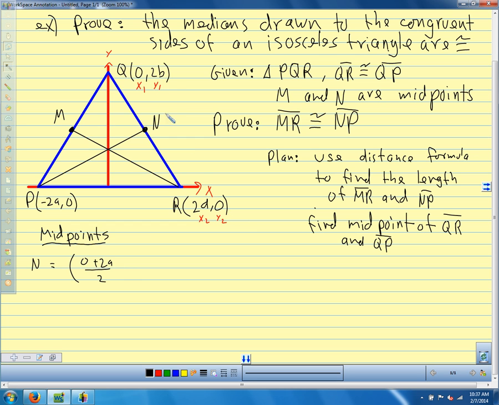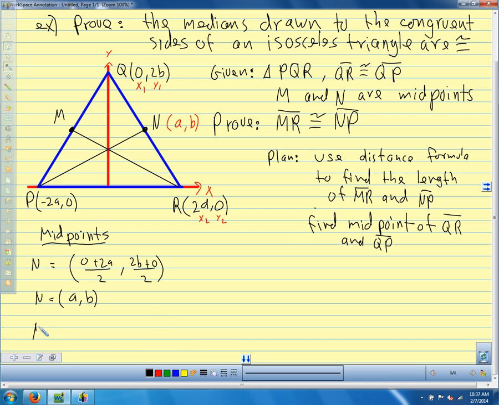And y1 plus y2, 2b plus 0 divided by 2. So N is going to be the point: 0 plus 2a is just 2a. 2a divided by 2 is a. 2b plus 0 is 2b. Divided by 2 is b. So N is the point a, b.